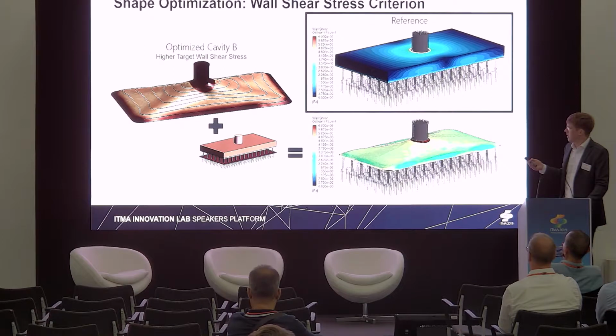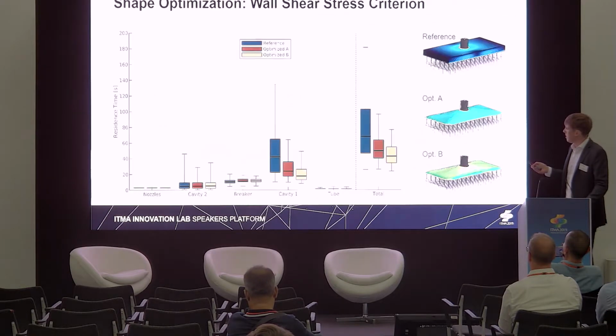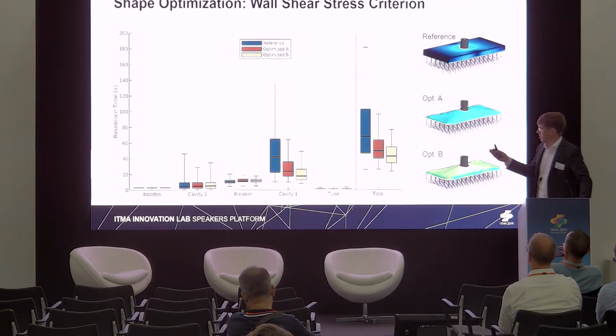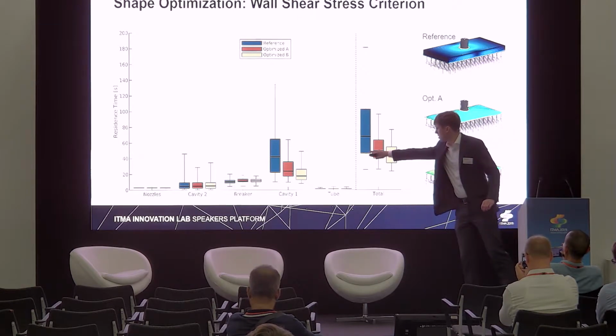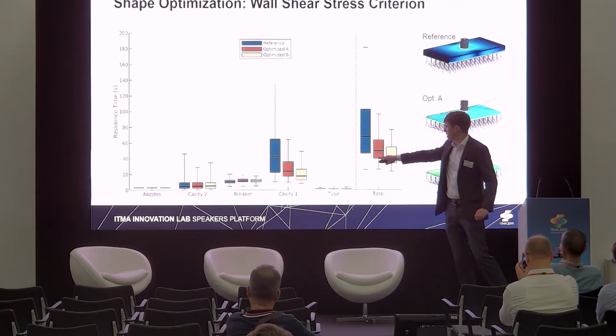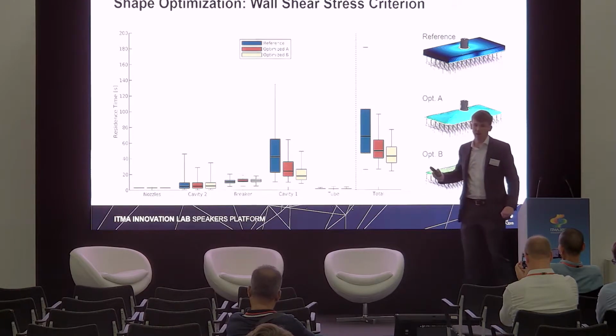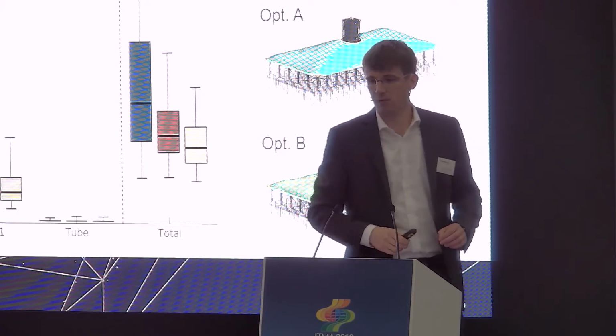Now again, comparing the residence time, we have here, residence time in blue was the original setting, then the first optimized version with the medium target wall shear stress, and one with higher target wall shear stress.